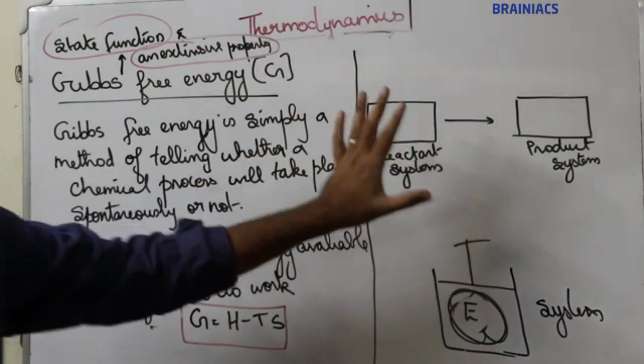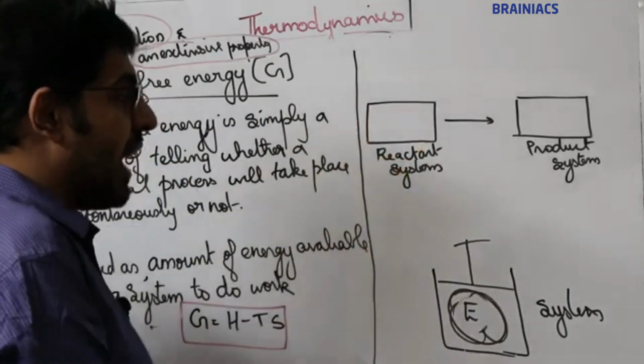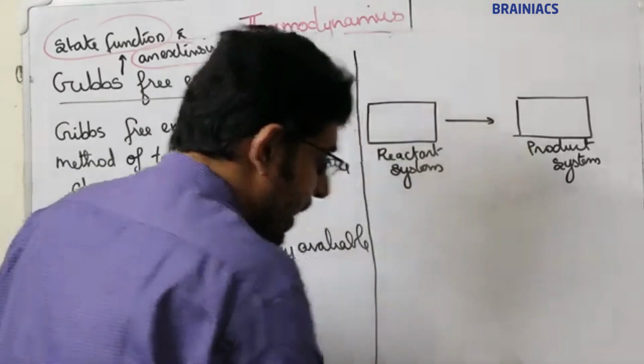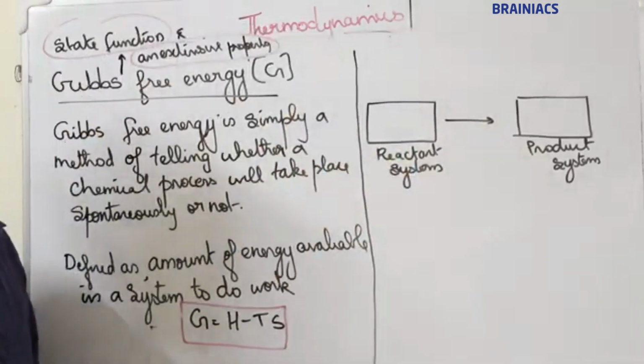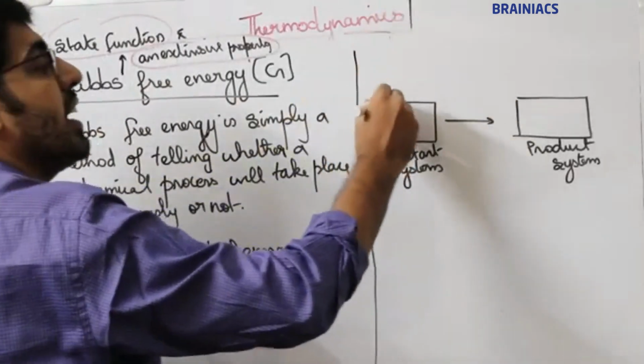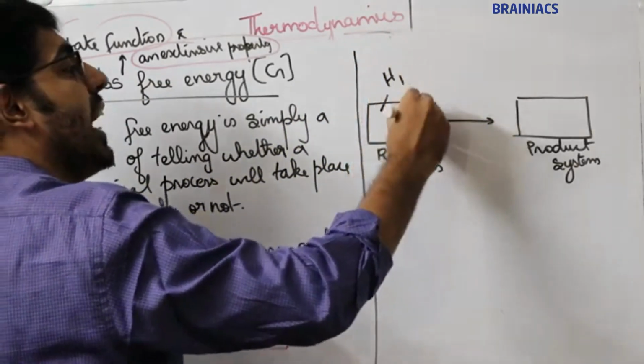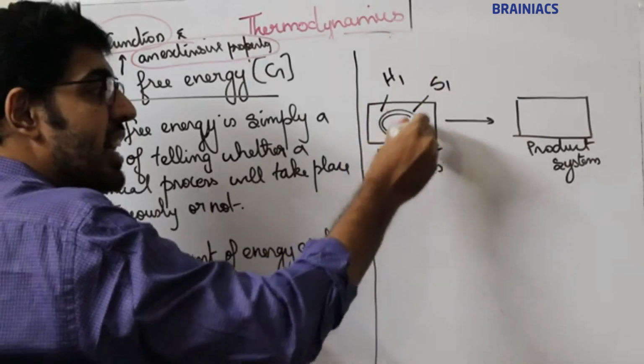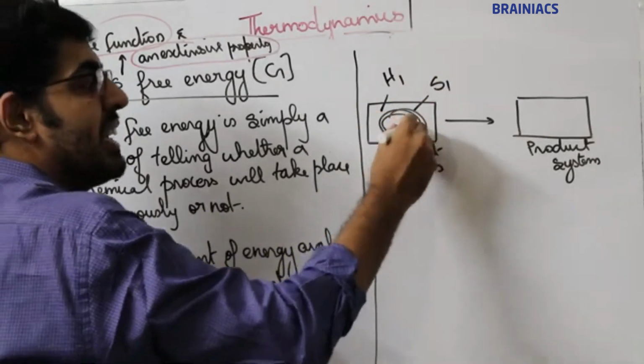Now, please listen carefully. Consider a reactant system having enthalpy H1 and entropy S1. Let the available energy in this reactant system, that is the Gibbs free energy, be G1.